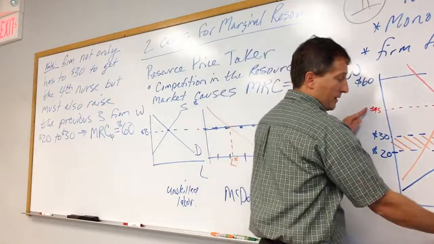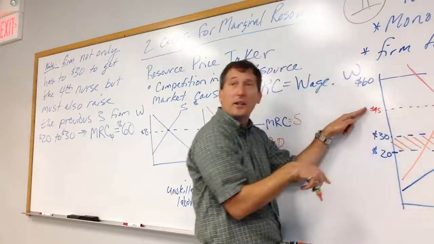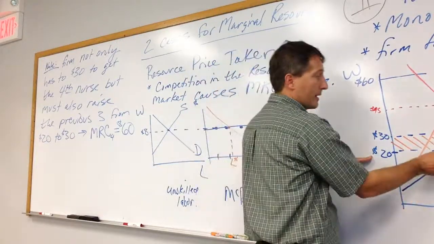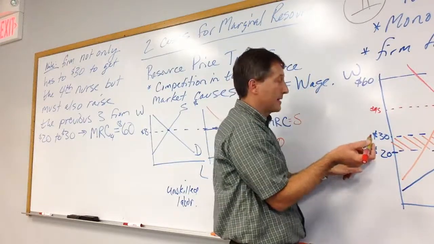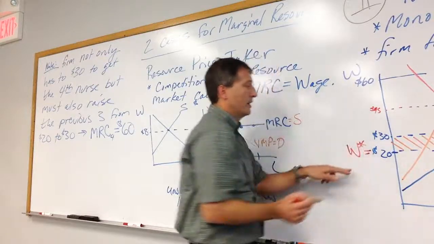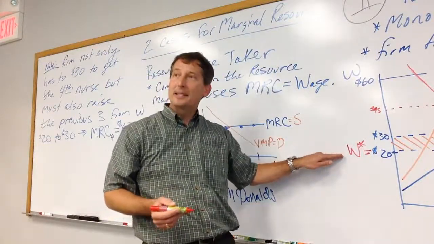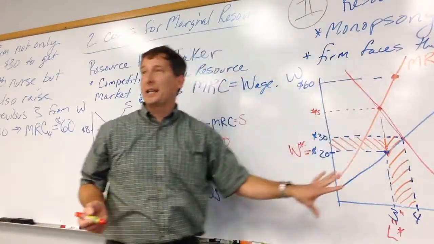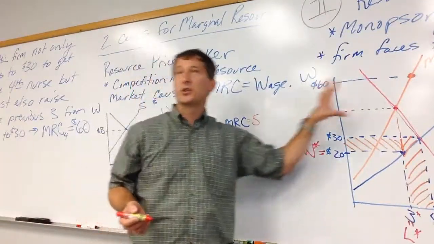So the 3rd nurse brought in $45, but I'm only going to pay him or her 20 because that's what they're willing to do. That doesn't sound so bad when I spin it that way, does it? So there's the wage for the monopsony. The firm has some buying power because they're the only show in town.